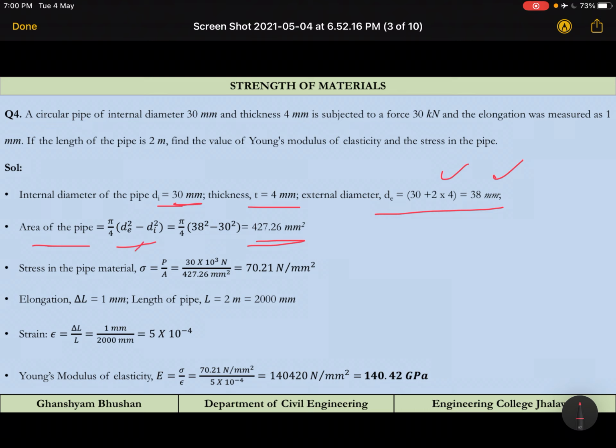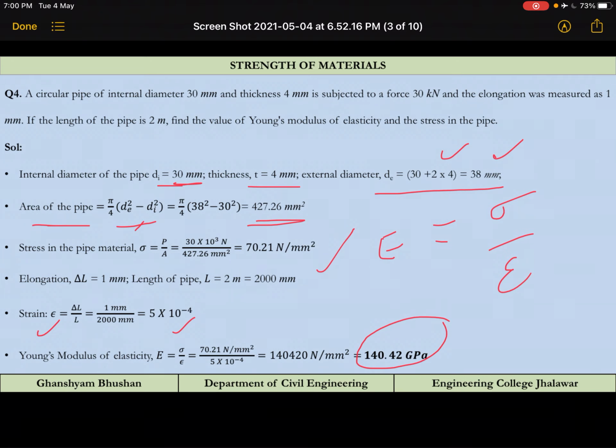Now stress you can find, sigma is equal to P by A, so stress is coming out to be 70.21. Strain is 5 into 10 to the power minus 4. So E can be directly calculated as sigma by epsilon. It is coming out to be 140.42 GPa, gigapascal. I hope this is clear to you.